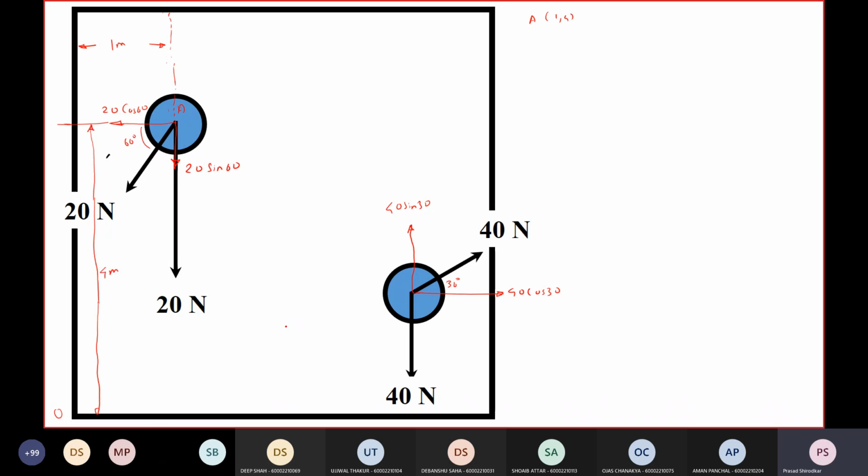And B is 4 comma 1. Okay, so let's mark the distances for point B also.